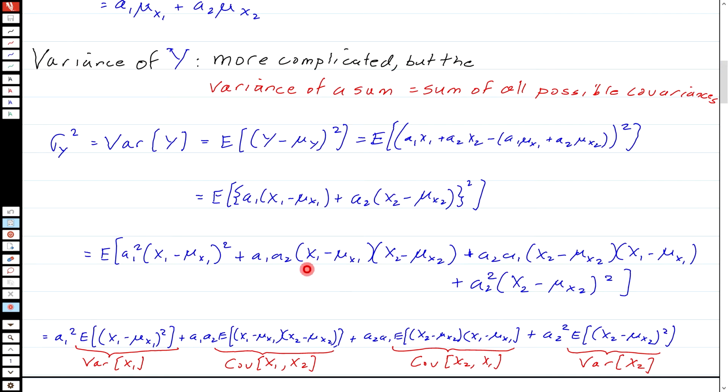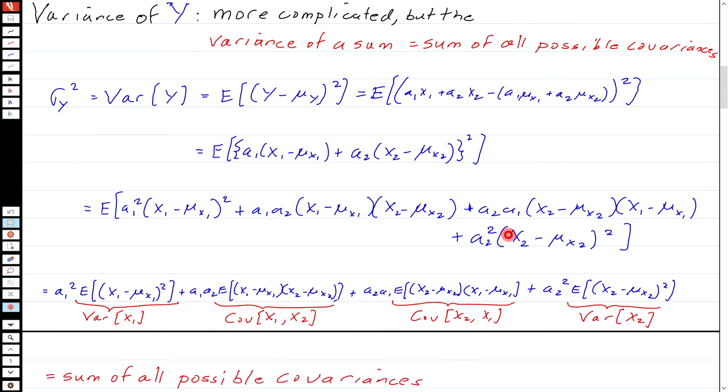And I get the first term squared, a1 squared, x1 minus mu x1 quantity squared, plus this times this, plus this times this, plus this squared. And so I get these four terms here. And now this is of course the expectation of a sum again. So the expectation of a sum is the sum of expectations, so I can break it up at the plus signs. And I can bring the constants out front.